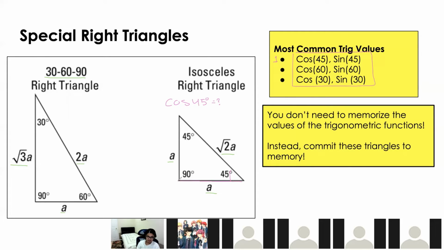This side is adjacent, remember, because it's the leg that's touching the angle, over hypotenuse. So cosine of 45 will be A over root 2A, which is 1 over root 2. Or you can write root 2 over 2. And you can do the same thing for sine of theta. It's basically the same thing.